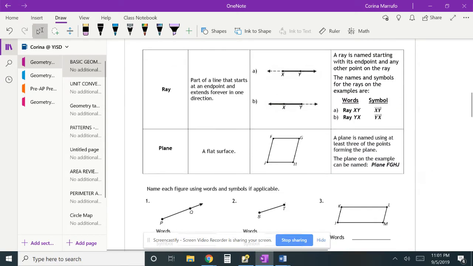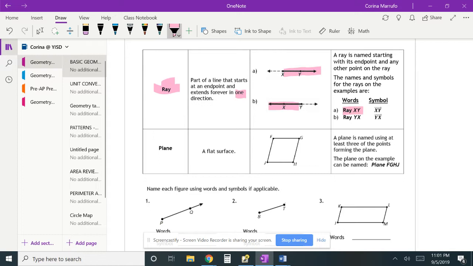All right, a ray. A ray is part of a line that starts at an endpoint and extends forever in one direction. Okay, so it doesn't go in two directions like the other one. It's only in one direction. So that's going to be a ray. So if you notice here, it starts here at X, and then it goes through Y and goes on forever. This one goes in the opposite direction. So it starts at Y, and then it goes on forever in the other direction.